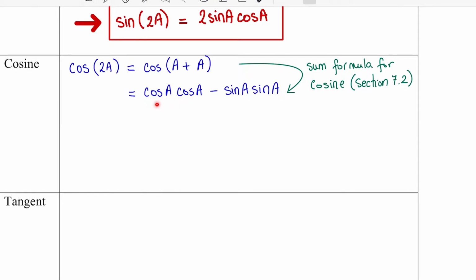Cosine A times cosine A is cosine square A. Sine A times sine A is sine square A. So cosine of 2A is equivalent to cosine square A minus sine square A.